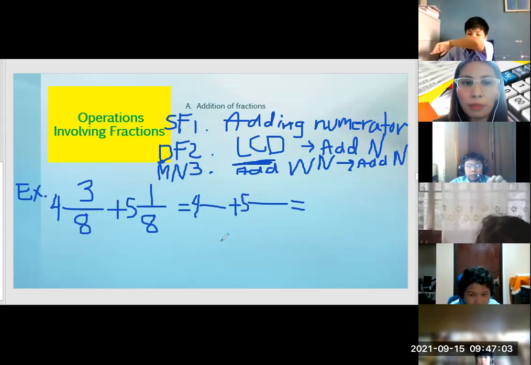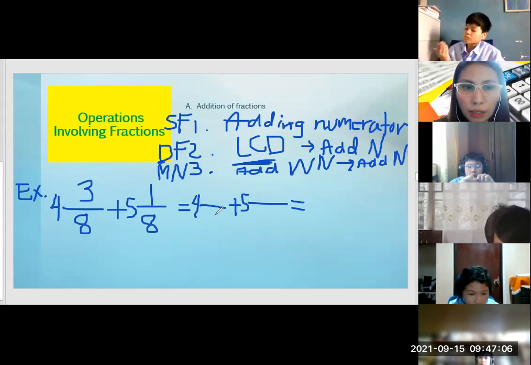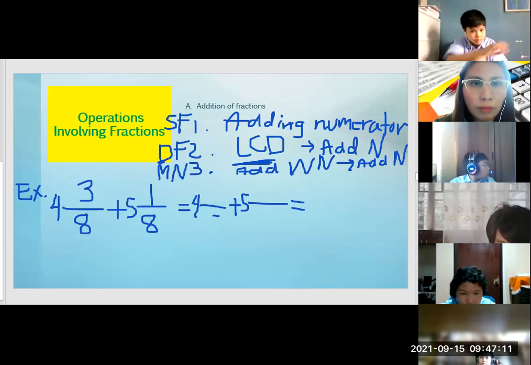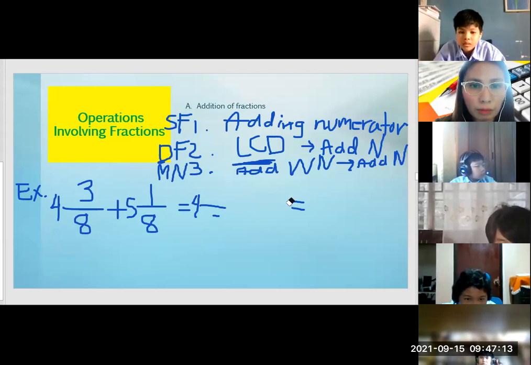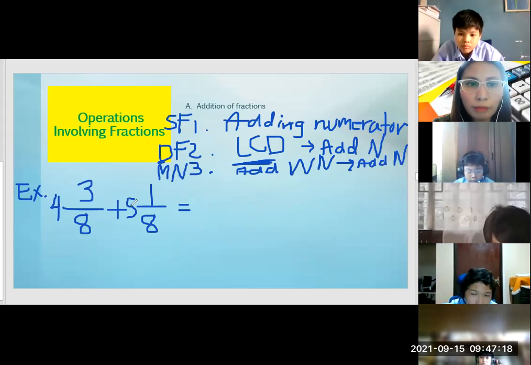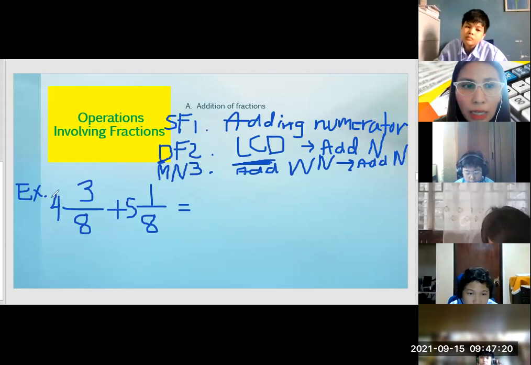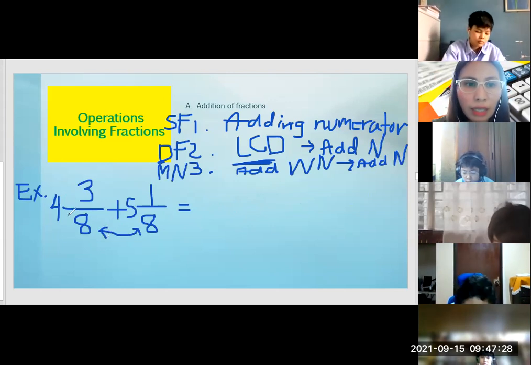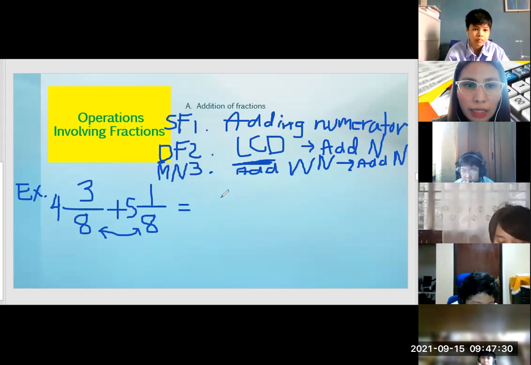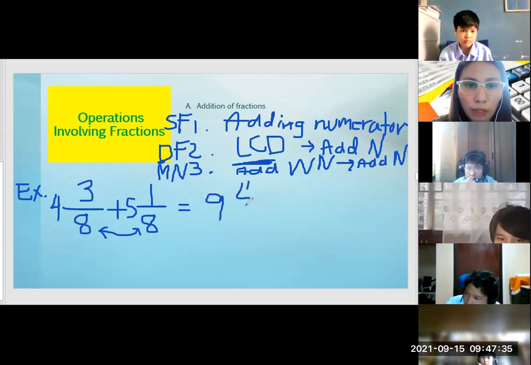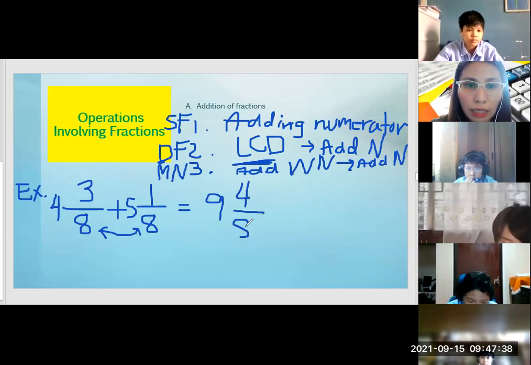Ito yun. And then you can proceed right away in adding this. 4 and 5, you can now proceed to adding the whole numbers, because the given fractions are similar. So 4 and 5 is 9, and then 3 plus 1 is 4, over 8.